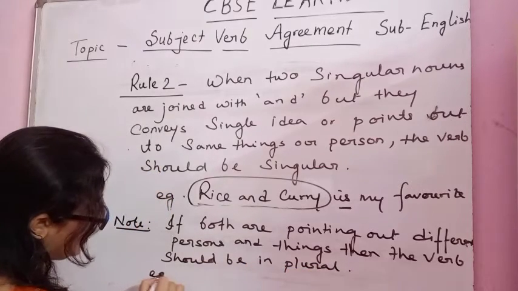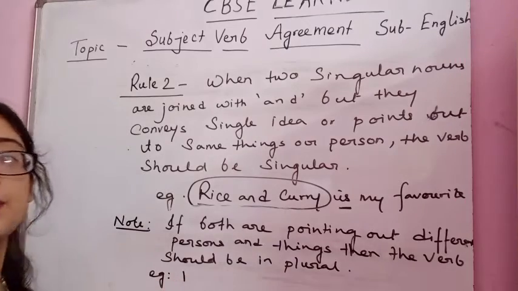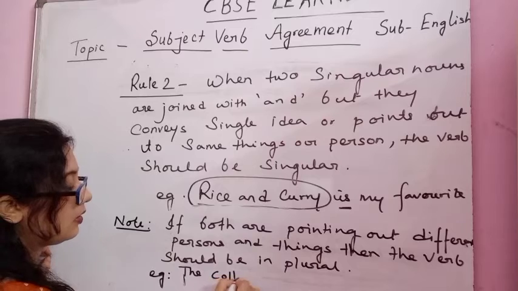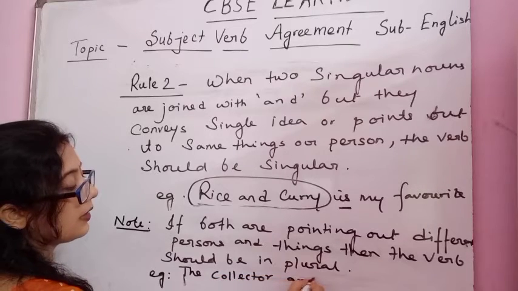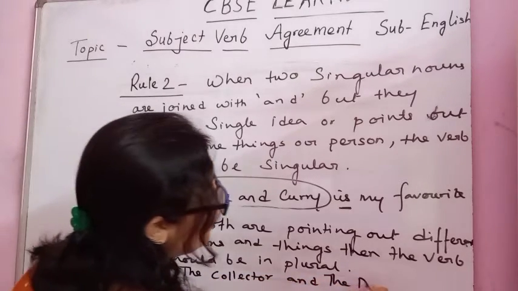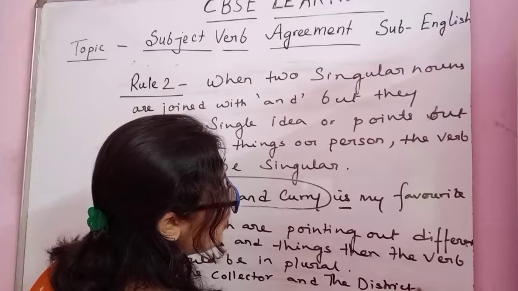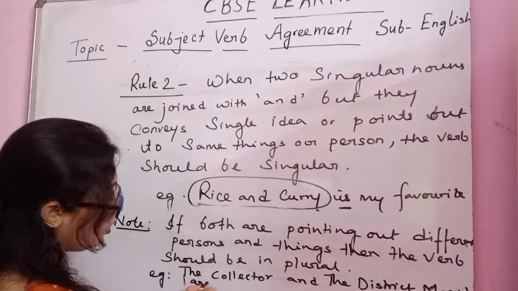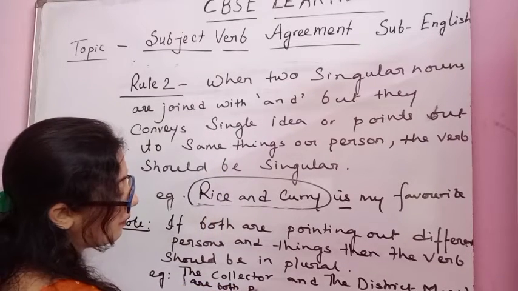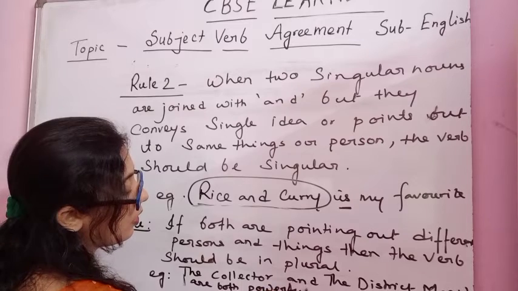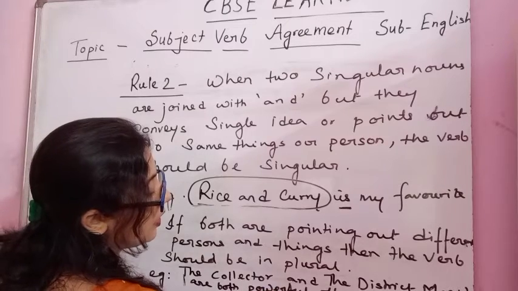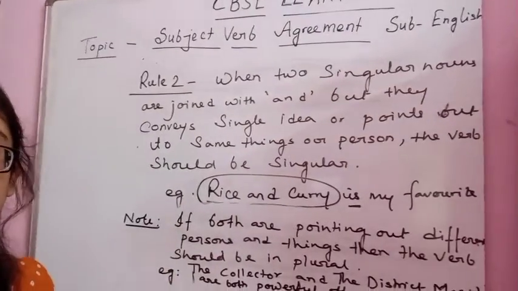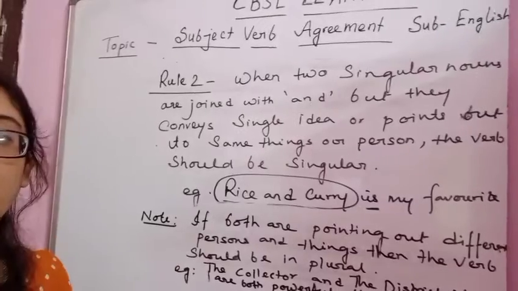For example, the collector and the district magistrate are both powerful officers. It is giving you different ideas, that both are powerful officers.